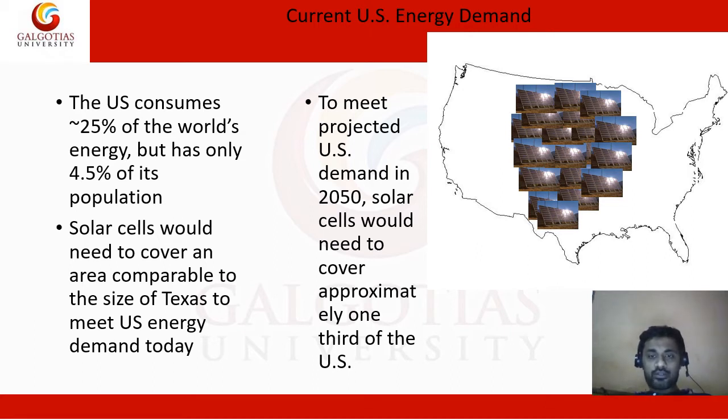But if you project this on a broader scale, to meet the projected U.S. demands in 2050, the solar panels would need to cover approximately a third of the area. You can see in the image that there are more solar panels which are going to come in the near future in the U.S. to meet its energy demands.